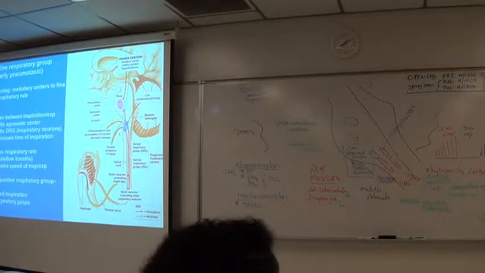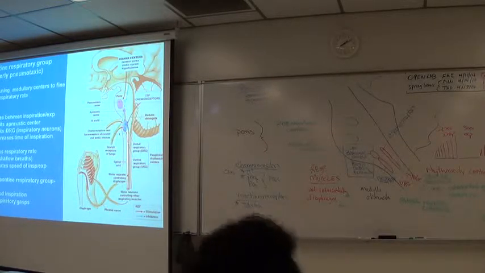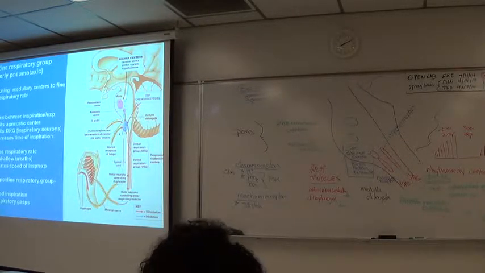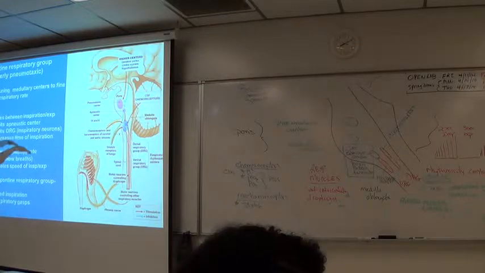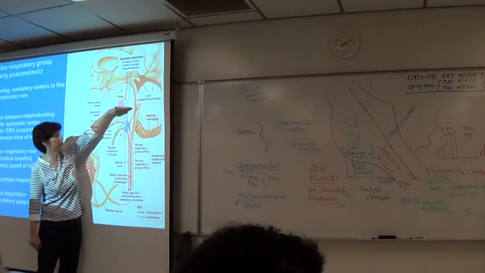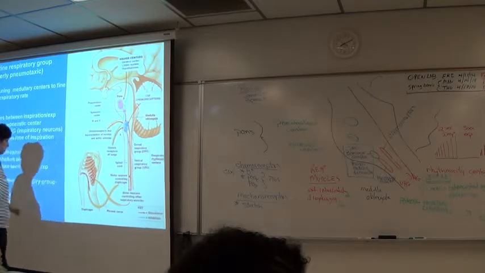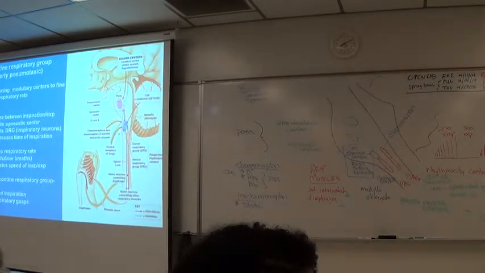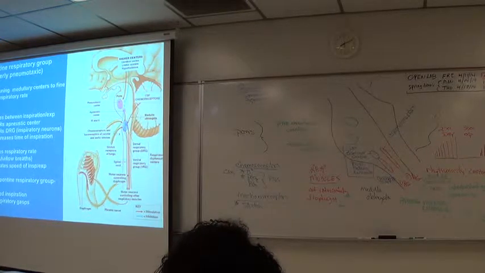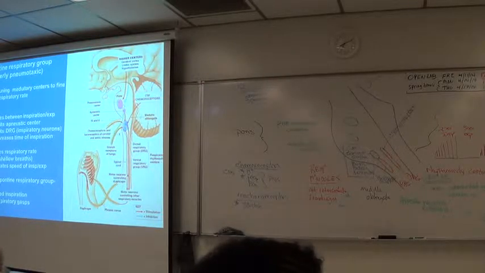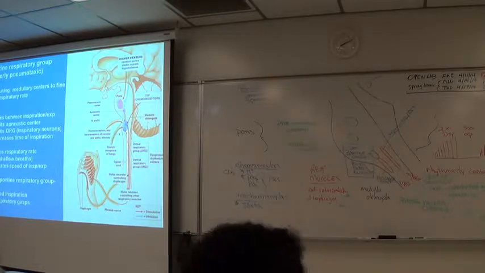So breathing with the pneumotaxic group is more of a panting type of effect. If that is cut off, so it's not available, so if we do a transection across the pons right here, okay, you're still going to breathe, obviously, because we still have the medulla, but you start breathing so it prolongs the inspiration and you have short expiration.